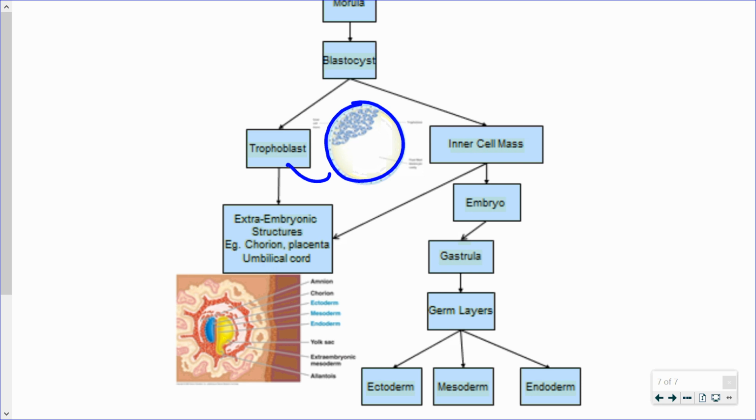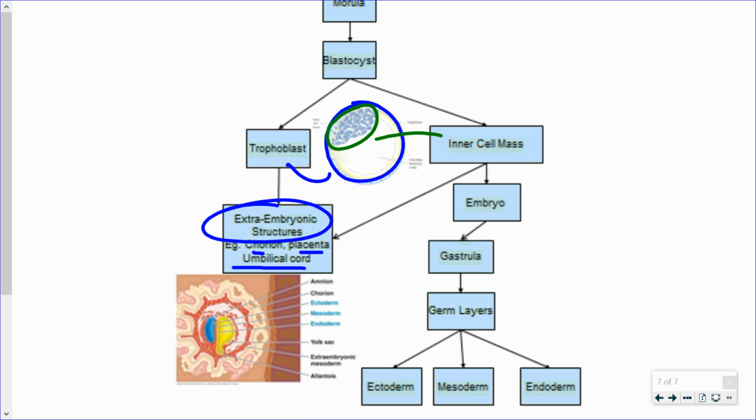It gives rise to structures that we'll talk about later. I mentioned the extraembryonic structures, and just 3 of them that I've listed here: the chorion, the placenta, and the umbilical cord, that we will talk about later. The rest, the inner cell mass, that's this part right here. That again is what is going to eventually form the embryo.